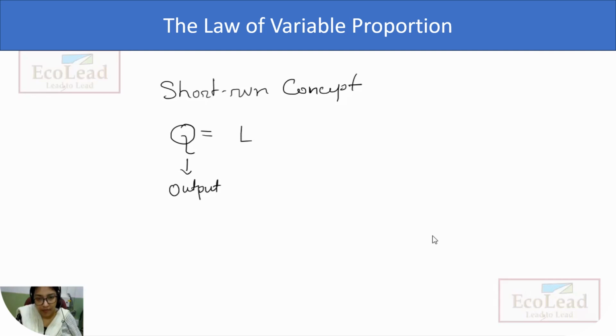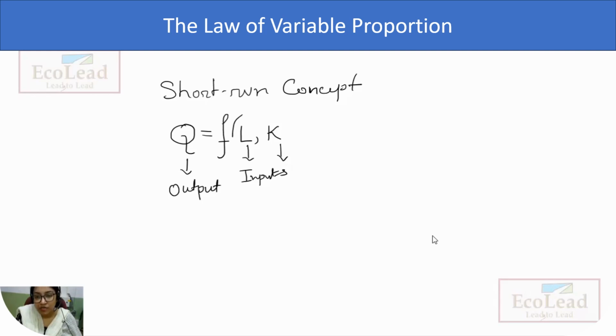One is labor, the other one is the capital. Now if we give these two inputs into the production process, then we will get the output.